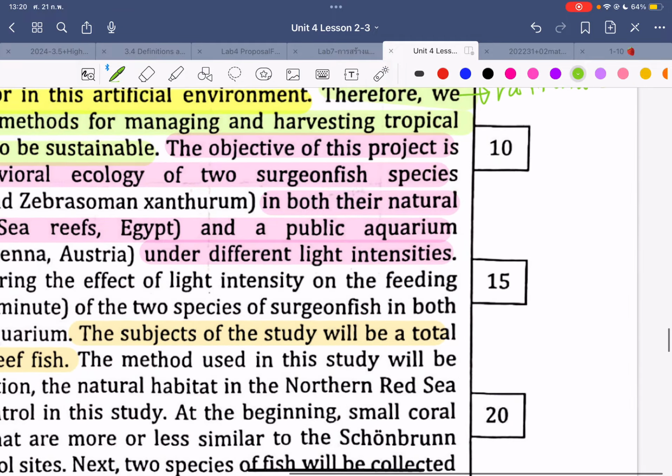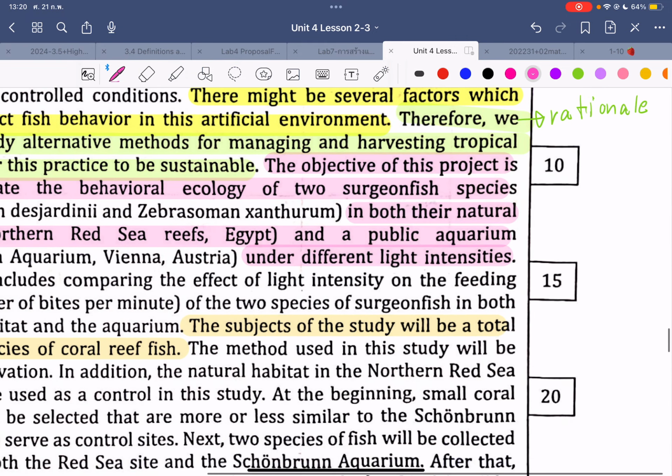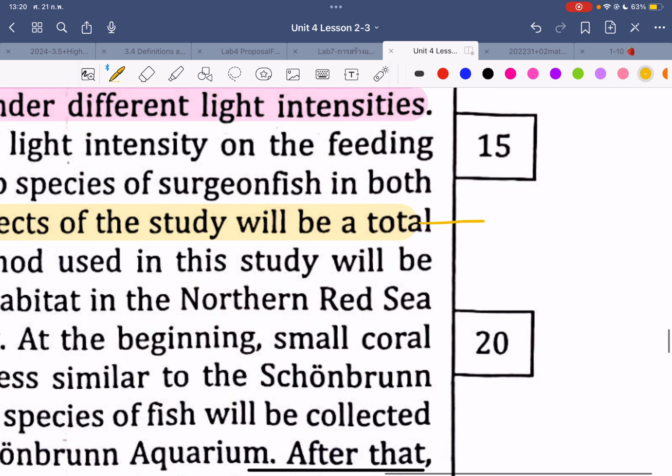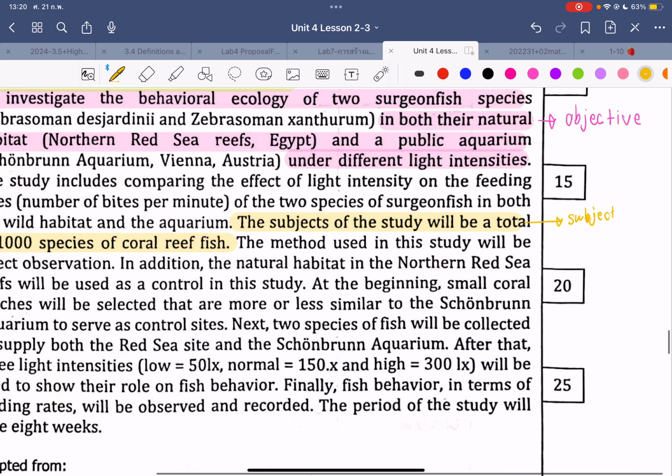Yes, so the objective of this research is to investigate the behavior ecology, the environment where the fish grow. So the study plans to investigate the behavioral ecology of two surgeon fish, two species, that means two kinds of this fish.